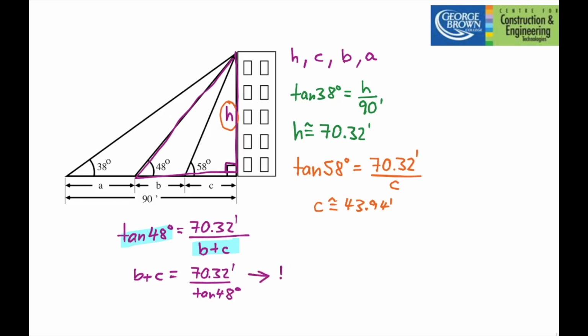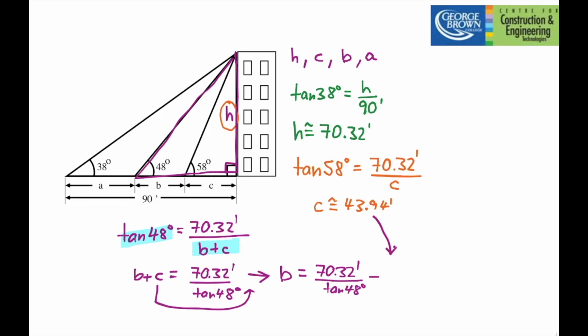So we have here b equals 70.32 feet over tan 48 degrees. And now you're going to take the c here and you're going to move it to the other side. So we're going to do minus c. But we know what c is.